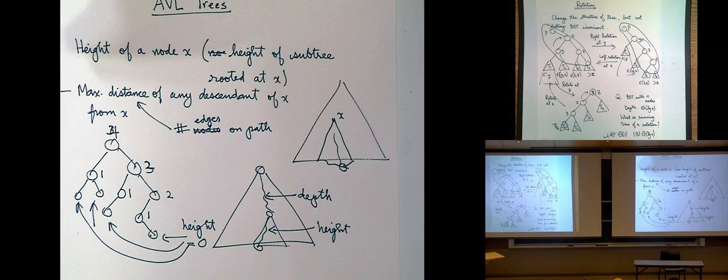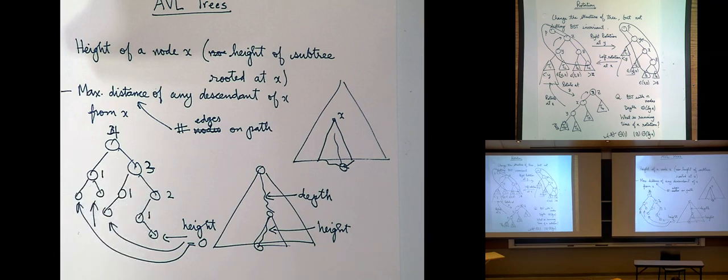Does that make sense? That's what the height is. Say it again. The height of a node is the number of edges to the furthest leaf.